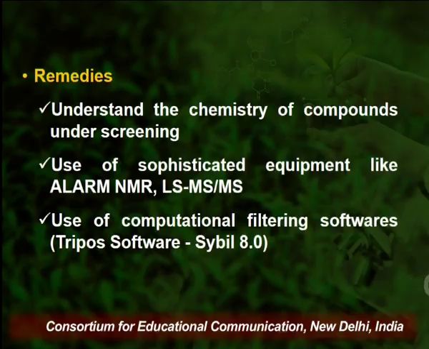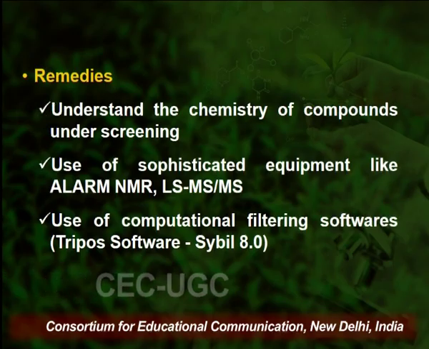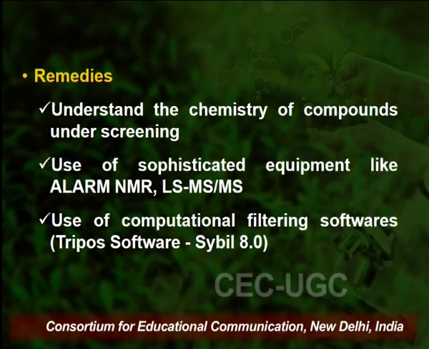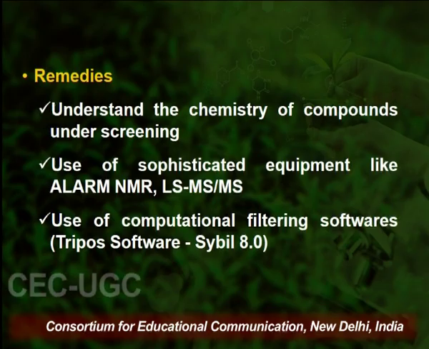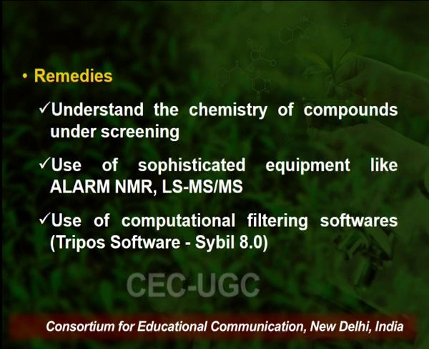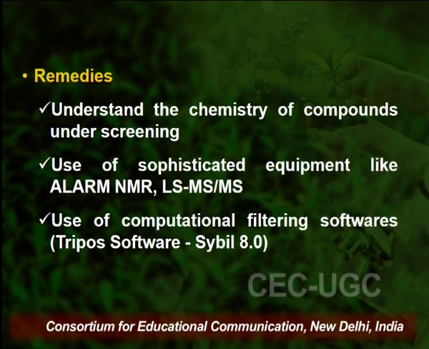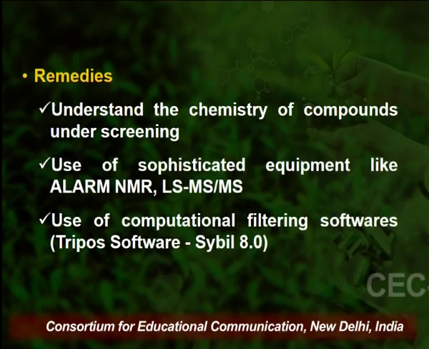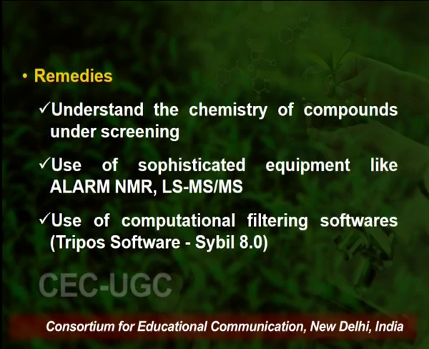Remedies for overcoming this problem: we have to first understand the chemistry of the compounds which we are going to test. We can also use ALARM NMR or LC-MS/MS studies in order to further screen what type of compounds are present in our extract or fraction, whether these compounds have a high redox value or a low redox value.